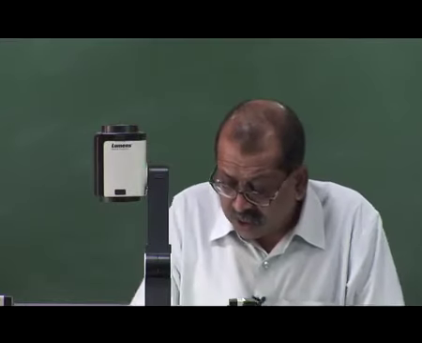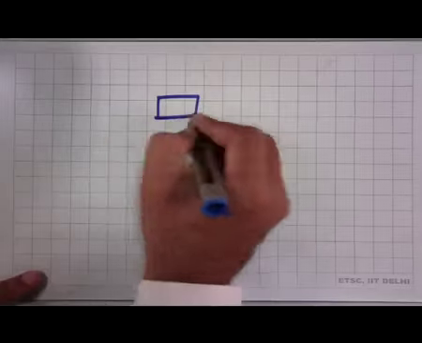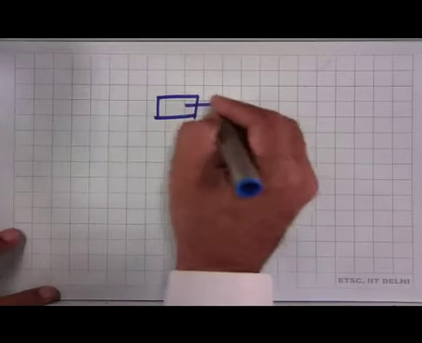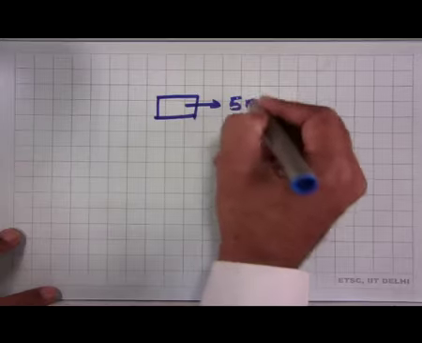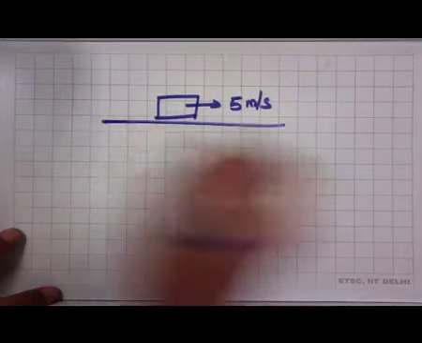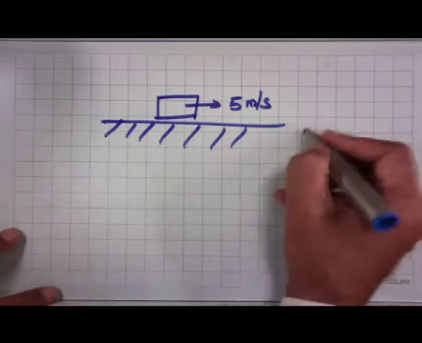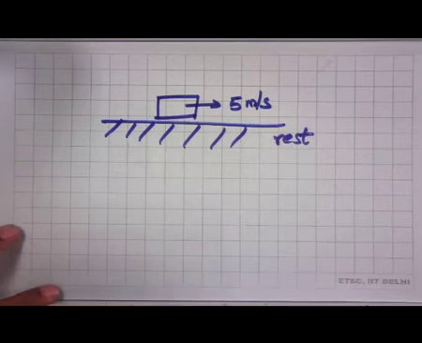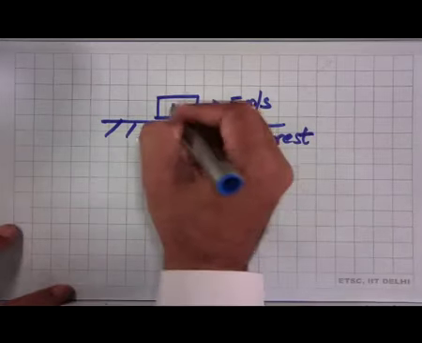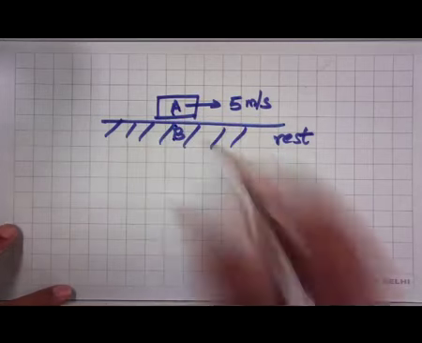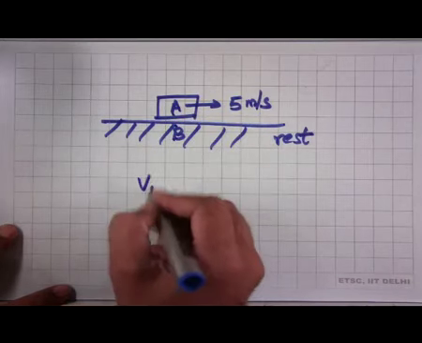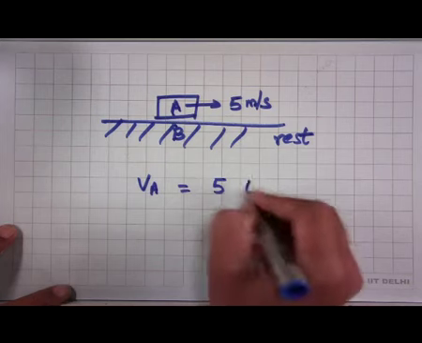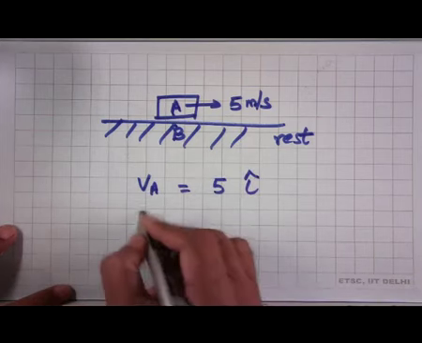So, let us see, I talk of the block, and let us say this block is moving with a speed of 5 meters per second, and this is on ground, and the ground is at rest. So, now let us say point A is on the block, point B is on the ground. Velocity of point A is equal to 5 i.